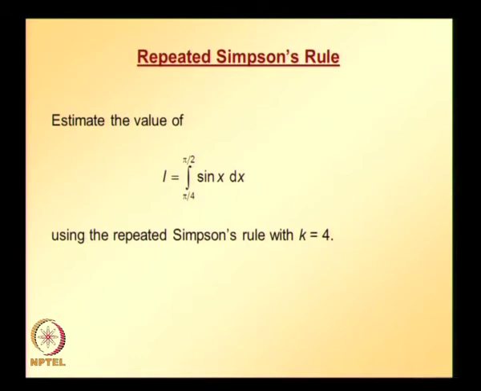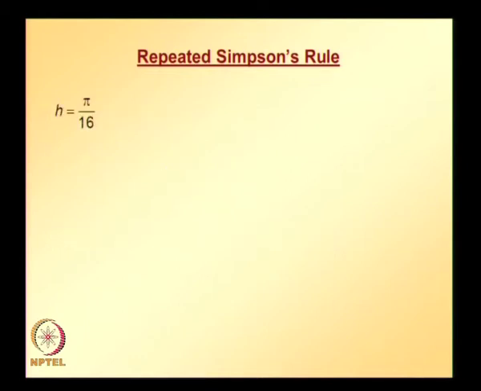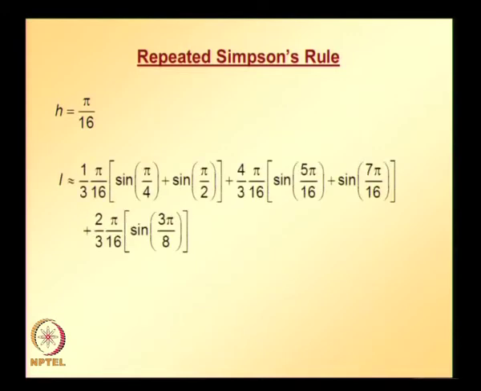So, the width of each strip is going to be upper limit minus lower limit divided by 4, and it turns out that h is equal to pi over 16, and applying the repeated Simpson's rule here results in this approximation of the given integral, which can be further simplified as 0.7071, and it matches very accurately with the exact solution up to the 4 significant digits that are shown there.